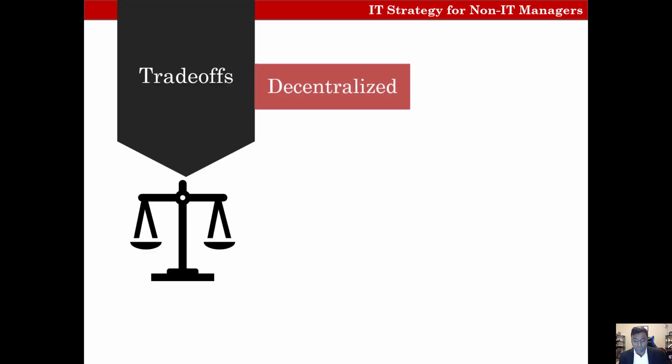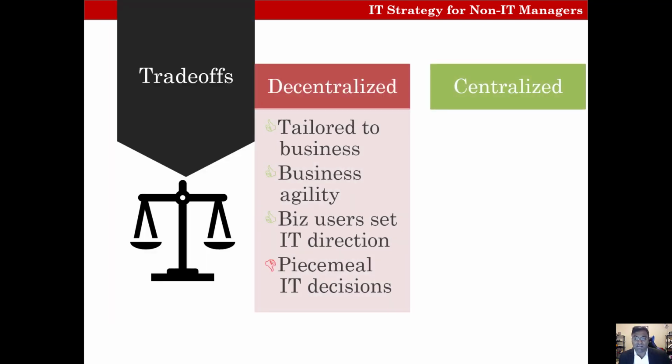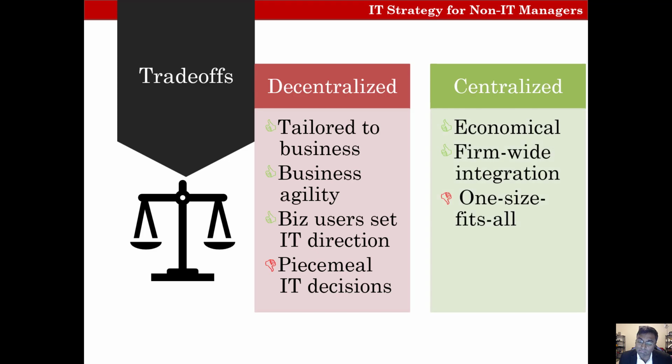So here are the trade-offs between centralization and decentralization. When you have decentralization, it's tailored to your business needs. There is agility, and business users set IT directions, but it results in piecemeal IT decisions and actually could create a lot of complexity in the architecture. If you remember in Chapter 3, when we talked about architecture, we talked about how we need to keep it simple. And decentralization does create complexity. Centralization, on the other hand, makes it economical.